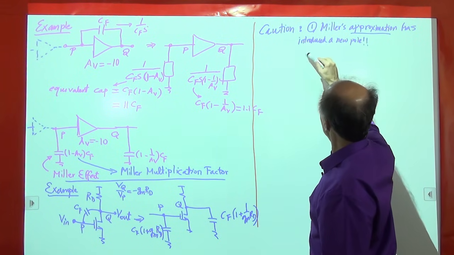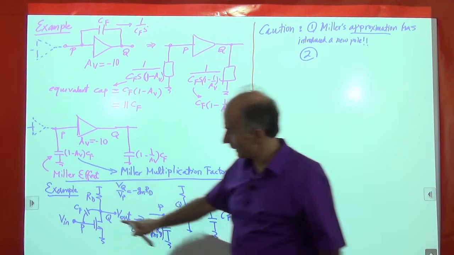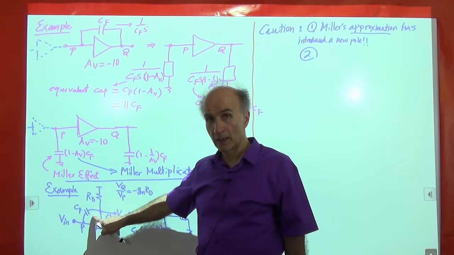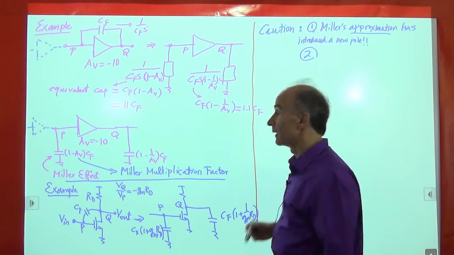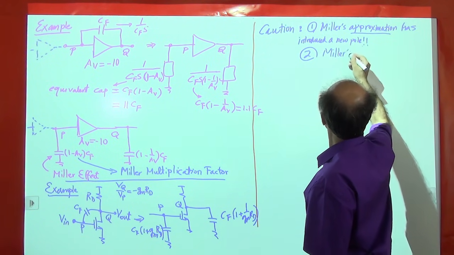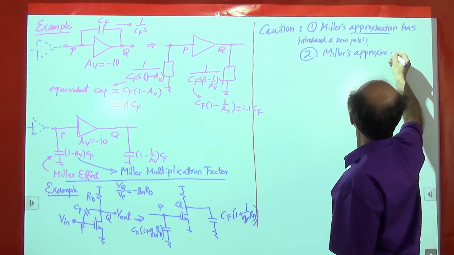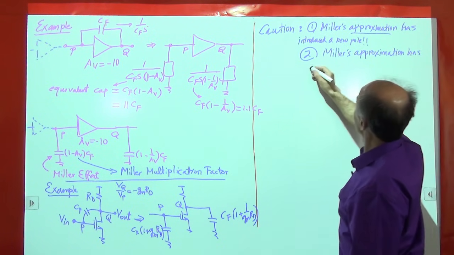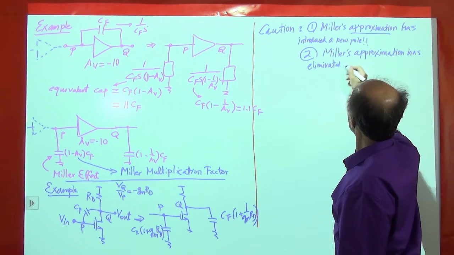Okay, the second point that comes out of this is that the original circuit has a 0 because of the CF. We will see that much later. But here, we don't have a 0. So Miller's approximation has eliminated the 0.